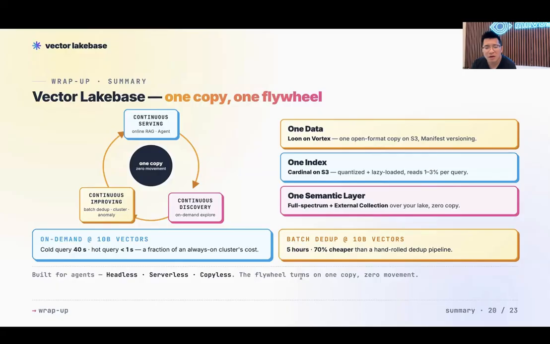So we've seen a lot of people running pretty well on our beta executions. For on-demand clusters, we have one user with 10 billion vectors. The cold query latency is around 40 seconds, and they also reserve the instance for 1 hour once the queries happen. So the hot queries are actually less than 1 second.